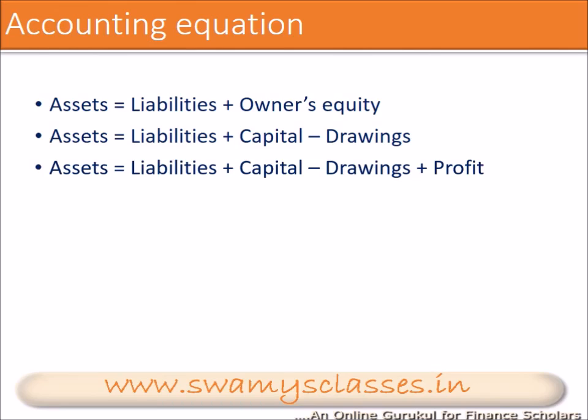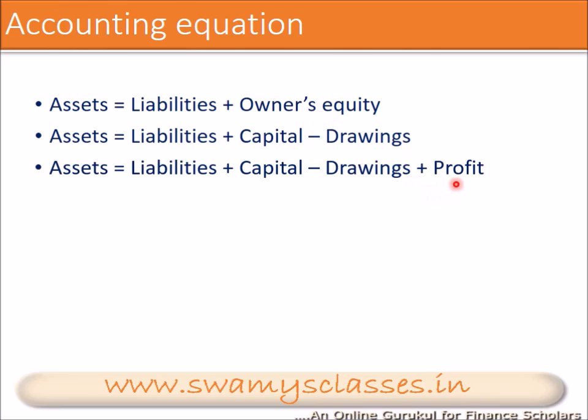That's all. So coming again, assume you run the business for say 1 year. At the end of the year, you have profits. Then how this equation will change? Assets equals liabilities plus capital minus drawings plus profit. To whom this profit belongs to? This profit belongs to owner.